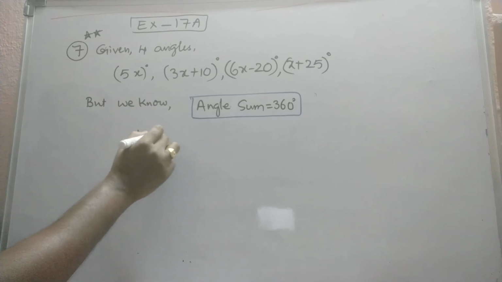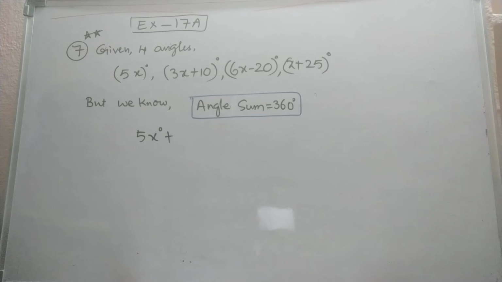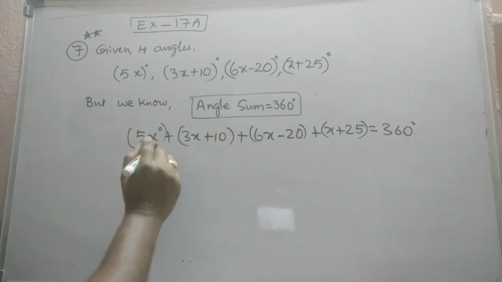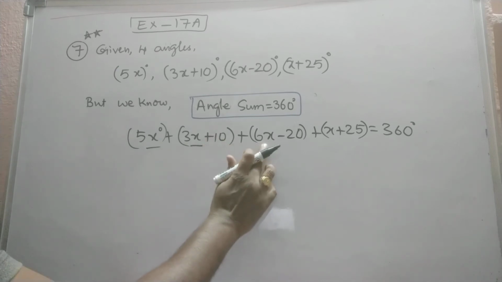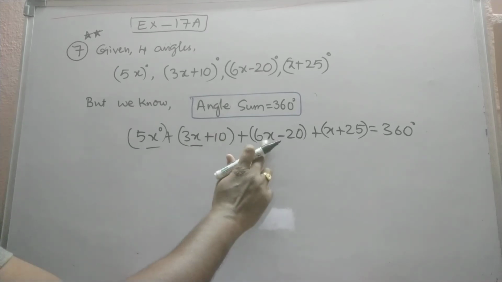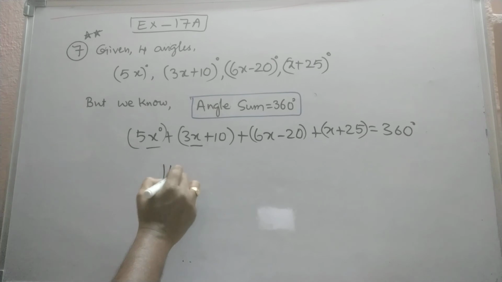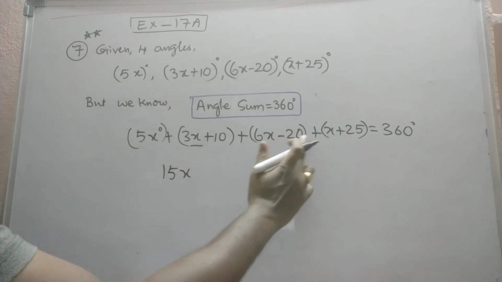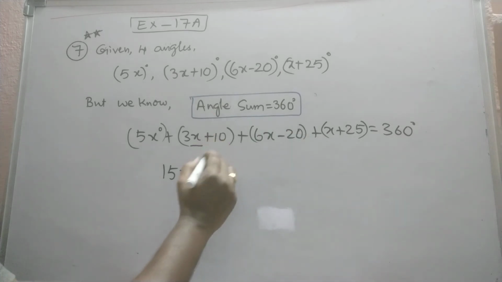So 5x degrees plus the rest, I have written the sum of all angles. Now remove the brackets and add: 5x plus 3x is 8x, plus 6x is 14x, plus x is 15x. So like terms, 15x we have, and 25 minus 20 is equal to 5, 5 plus 10 is equal to 15.